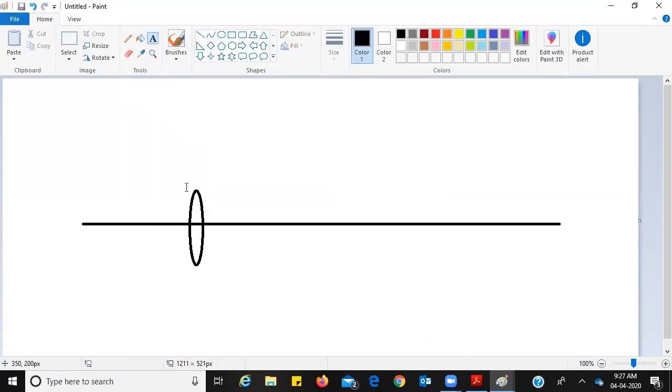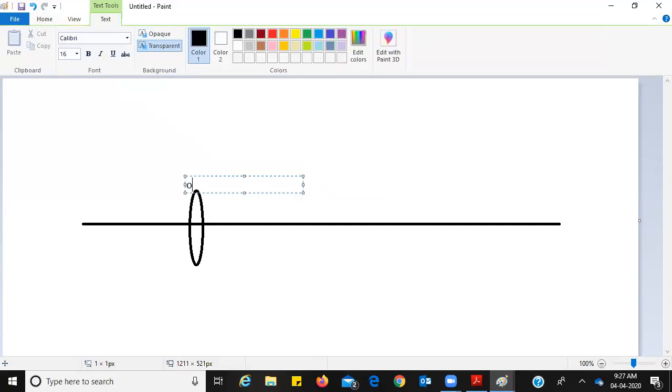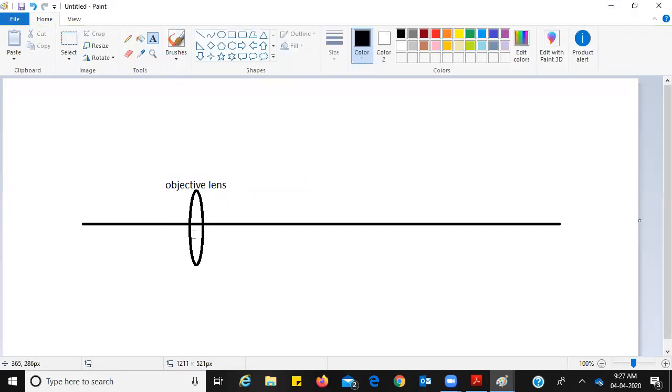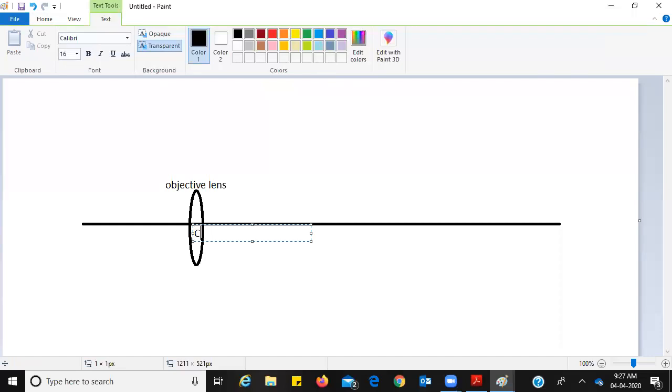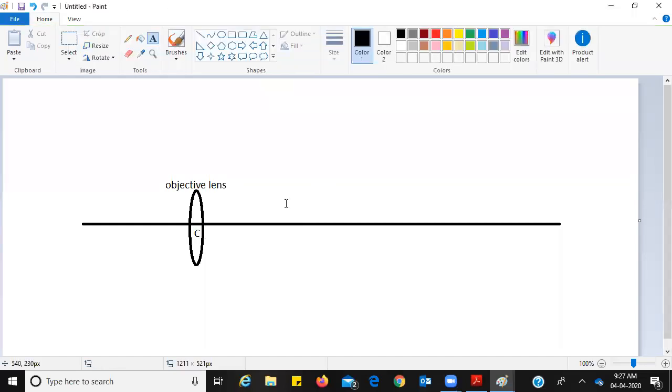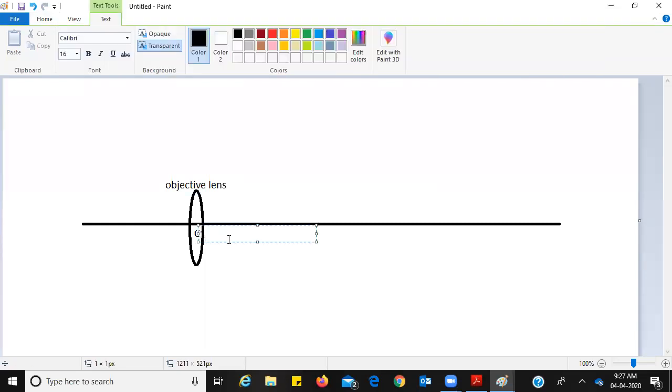Because of that, this lens is called the objective lens, or simply the objective. This is the center of the objective lens, C1, because there's one more lens going to come.